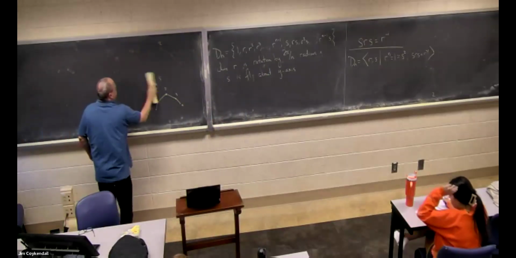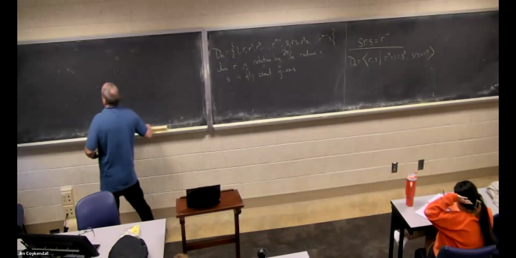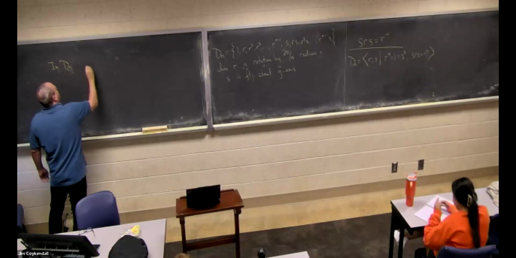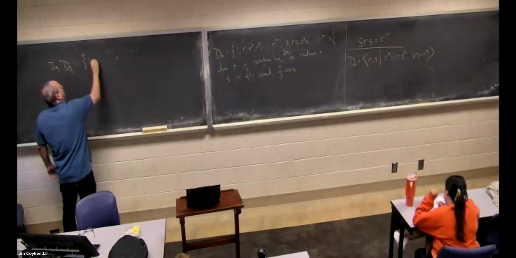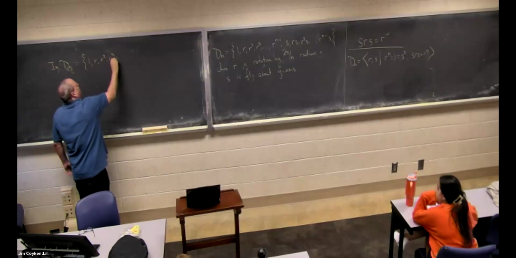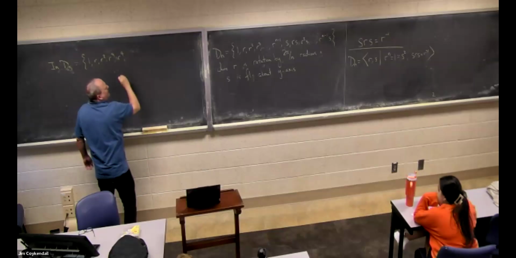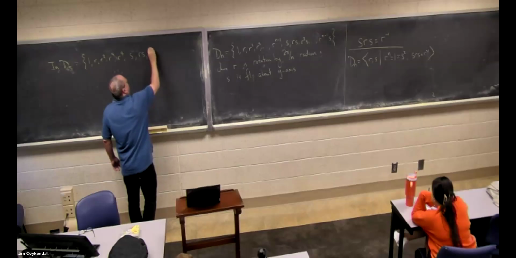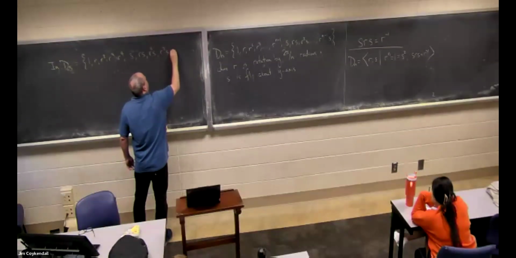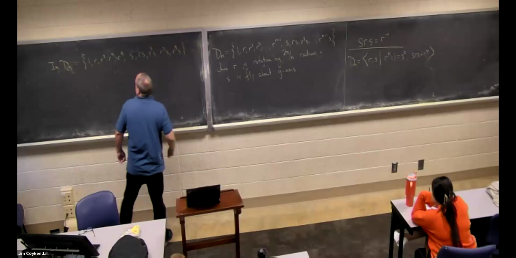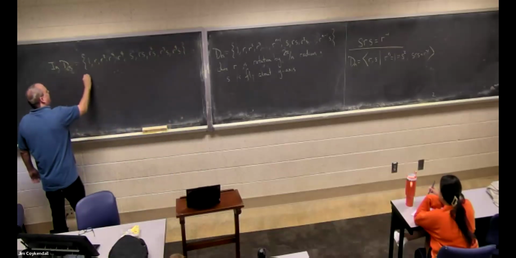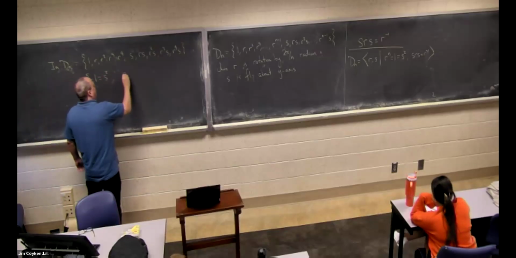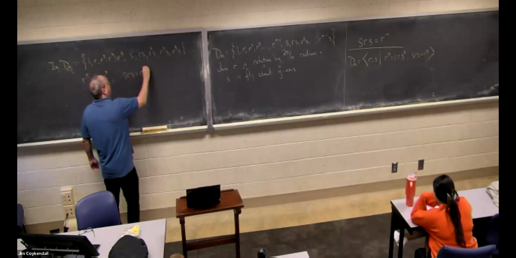So for example, in D5, we have 1, R, R squared, R cubed, R to the 4, S, RS, R squared S, R cubed S, R to the 4 S. Here we have R to the 5 is 1, S squared is 1, and SRS is R inverse.